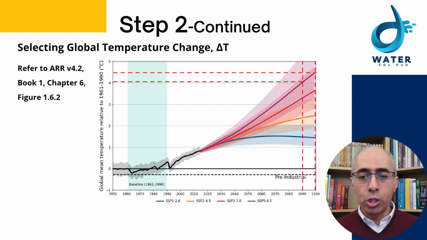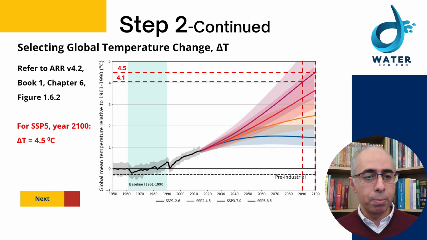So what should I do? 2090 gives me 4.1. So now I look into 2100, that touches the line somewhere here, and that gives me 4.5. So that's the delta T that I'm going to adopt for my calculations. So 4.5 degrees centigrade increase in global temperature.